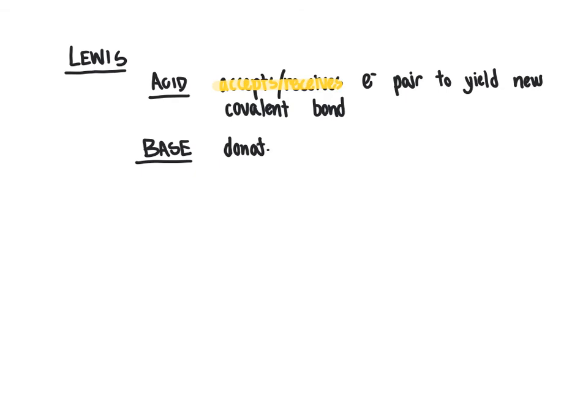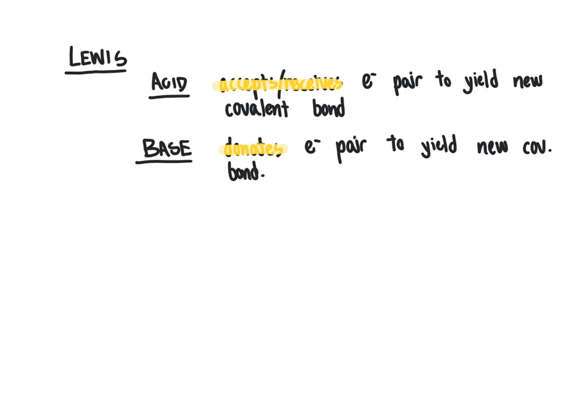So a Lewis base is going to be the source of the electron pair, so it donates an electron pair to yield a new covalent bond. So we're looking at acids and bases as the difference being whether they are donating a pair of electrons, which would make the molecule qualify as a base, or receiving a pair of electrons.